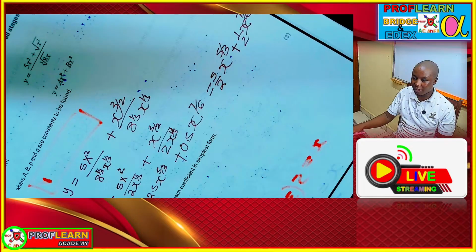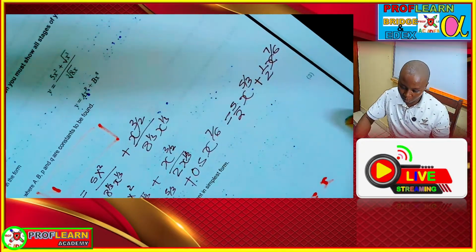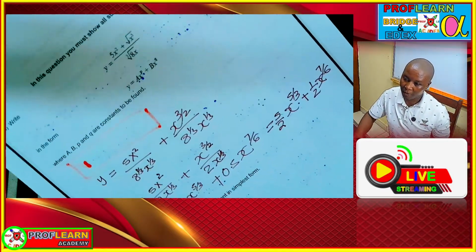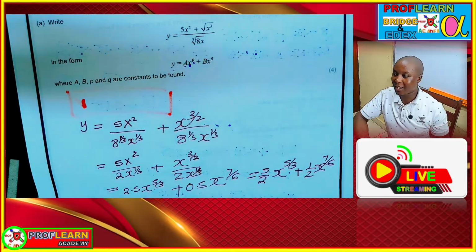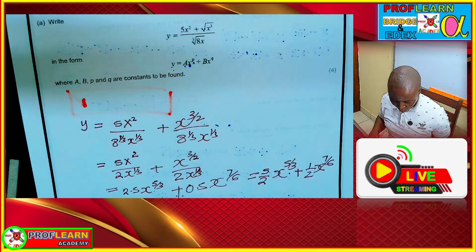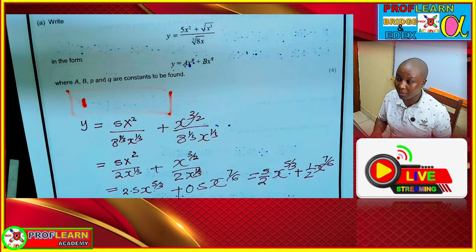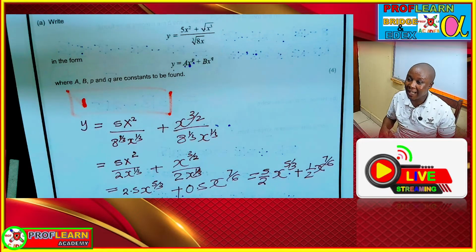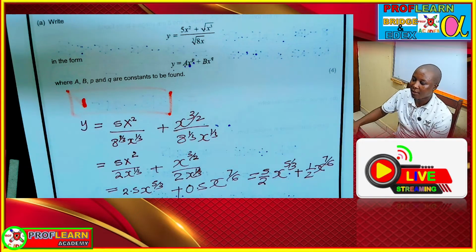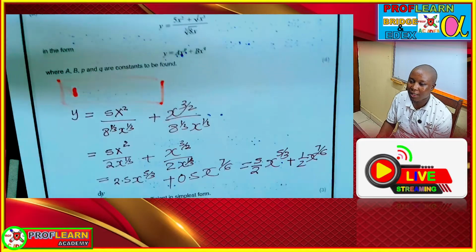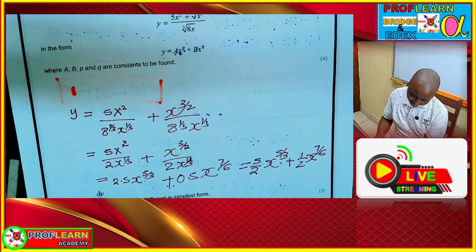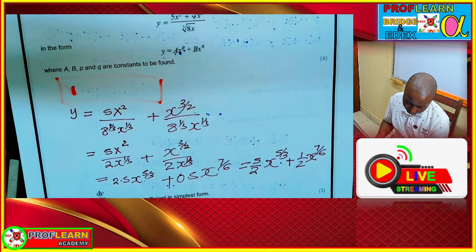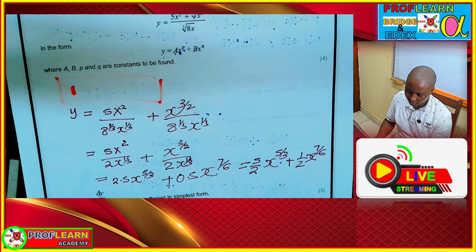Yeah, so that is what we are supposed to give for this particular question in indices. So basically that's what you'll be learning in pure math lessons, especially as indices is concerned. Hence find the dy dx, giving each coefficient in simplest form.